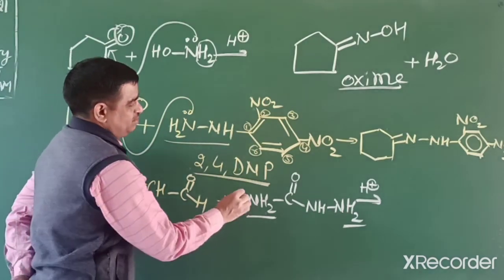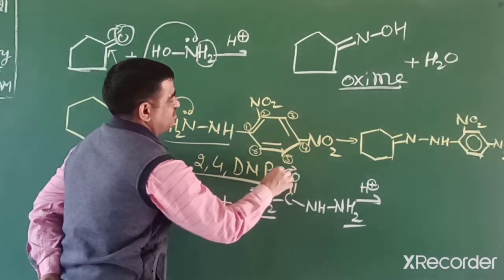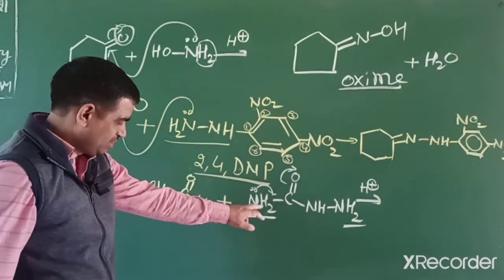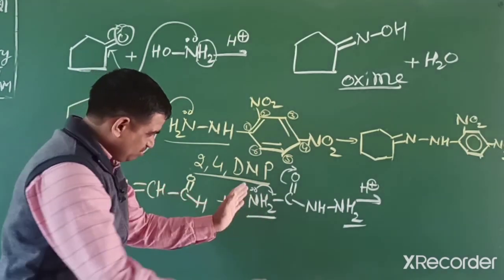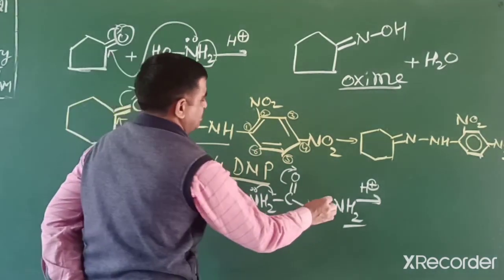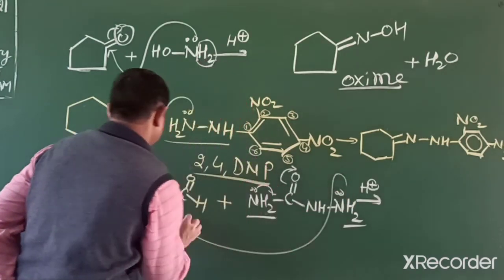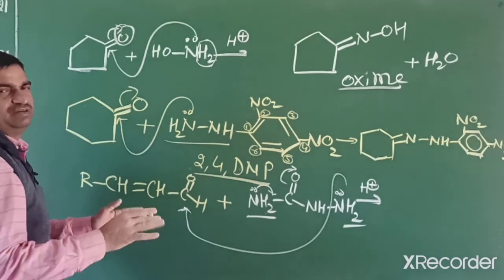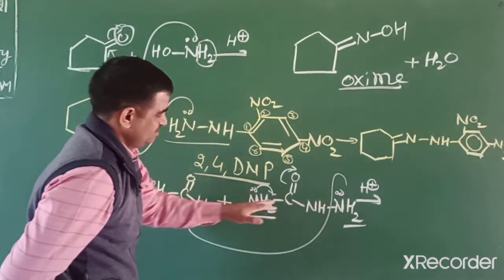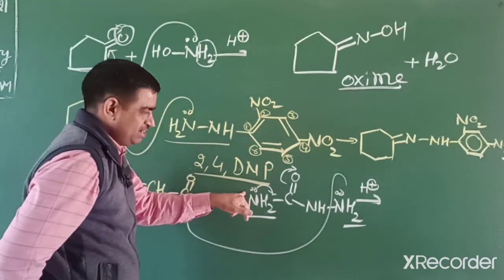Why? Because this NH2 is resonance stabilized by the nearby carbonyl group. Students generally make mistakes about which NH2 they remove the water molecule from, but this side attacks. So this NH2 attacks on this carbonyl, and ultimately a water molecule is removed. So we have to remove it from that side. Generally the examiner gives such a type of compound in the chemical reaction.